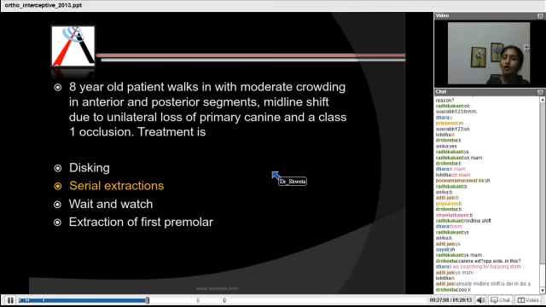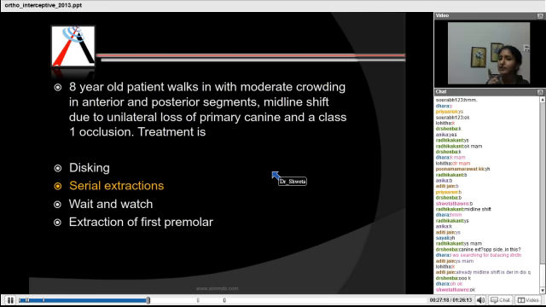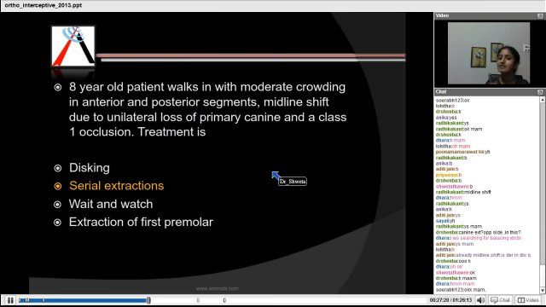But here already there is crowding, midline has been shifted, the problem has already worsened to an extent where you have to go for a serial extraction. Getting me? There is already one question also where it says that 5-3 is prematurely lost. What will be your treatment plan? In that you will go for extraction of 6-3 only.